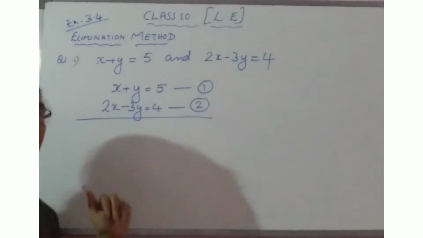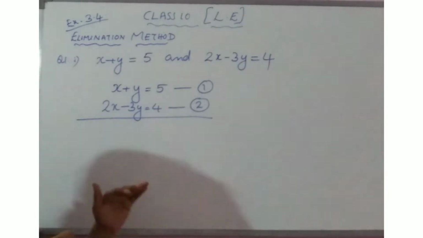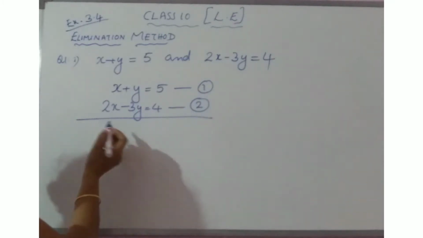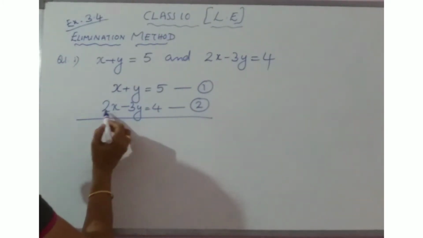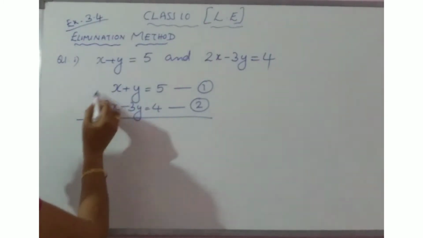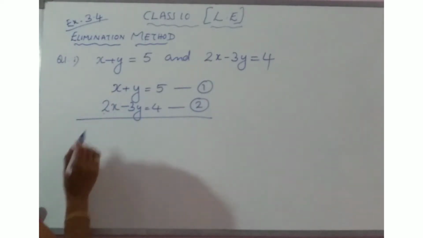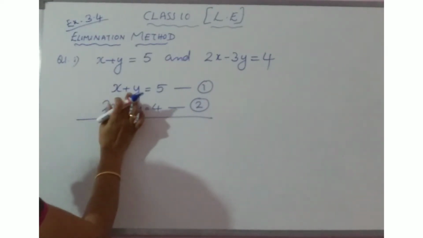For that, you multiply one of the equations by a suitable number. Here the coefficient of x is 2, so we can make the coefficient of x equal to 2 by multiplying equation 1 by 2. Then you will get 2x plus 2y is equal to 2 into 5, which is 10.